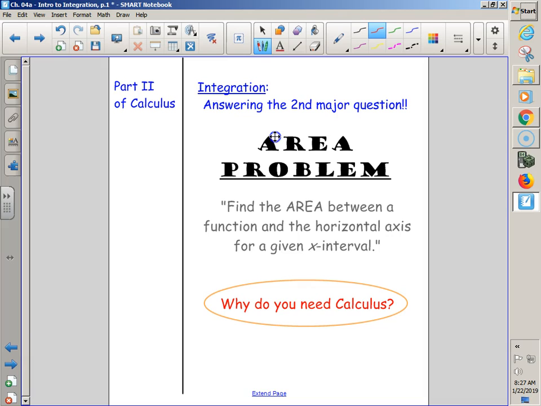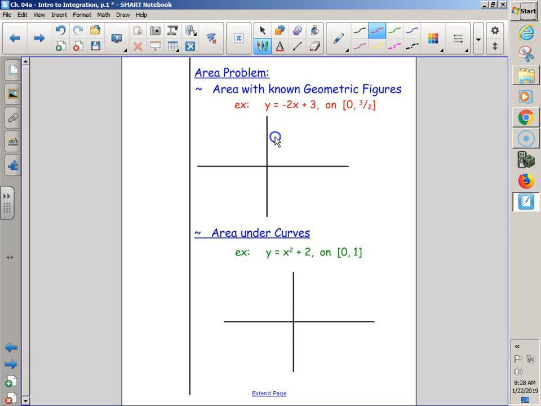But under a curve. Whenever a boundary is defined by a curve that's non-geometric, there's no way to do it without calculus. However, the cool thing is that integration, what we've been doing with antiderivatives, somehow ties together with this area problem. That was the second big question that calculus answered.